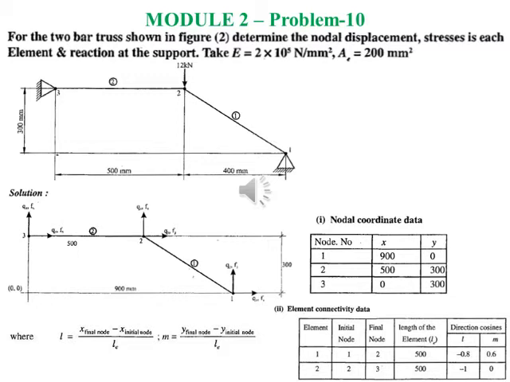Direction cosines L and M: for element 1, L is minus 0.8, M is 0.6, and for element 2 L is minus 1 and M is 0.